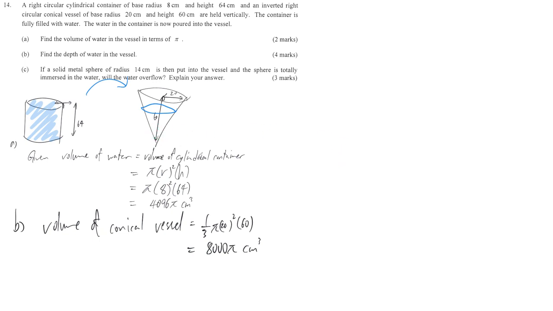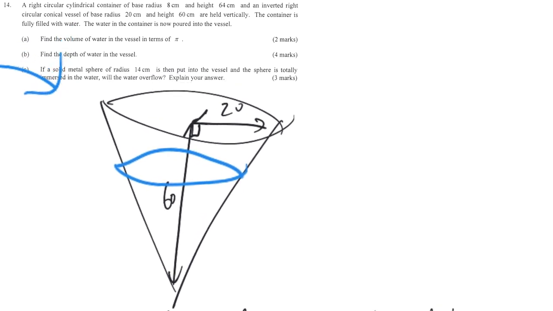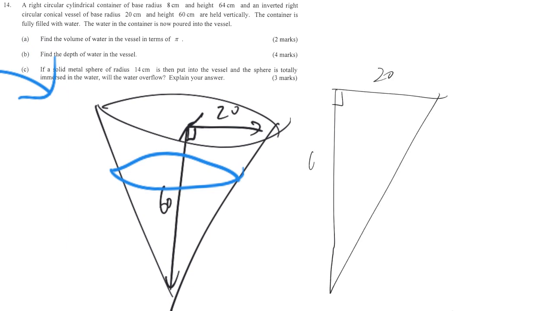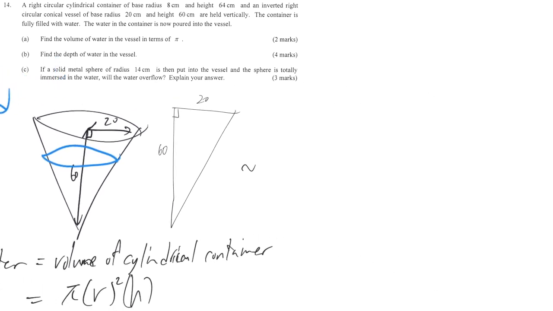After that, we focus on the cross section here. We know the cross section has 20 as the base and the height is 60. So if we use a similar method to consider the water cross surface, I want to know the depth, so I let it be h. Even though I can't get the value of h yet, the ratio is 3 to 1.